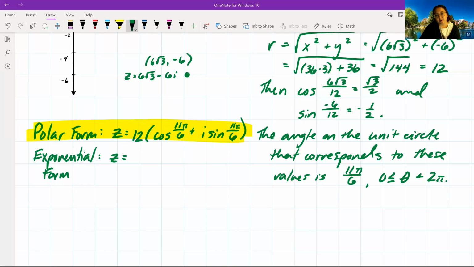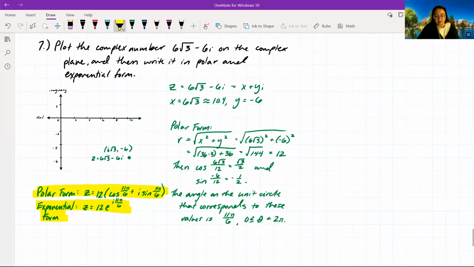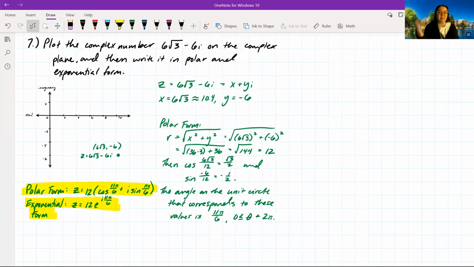So we're going to get 12 times e to the power of i times 11 pi over 6. And that would be our exponential form. So whether starting in exponential form or starting in polar form, we can figure out one or the other fairly easily once we already have one.